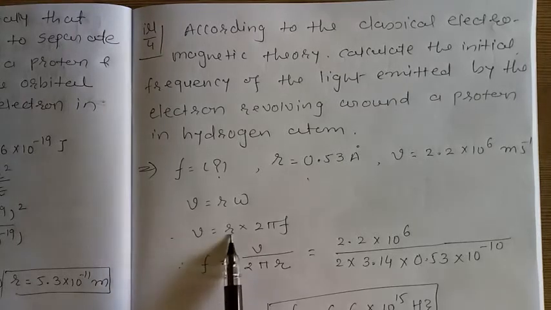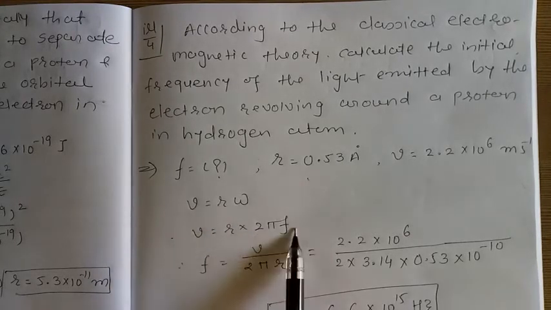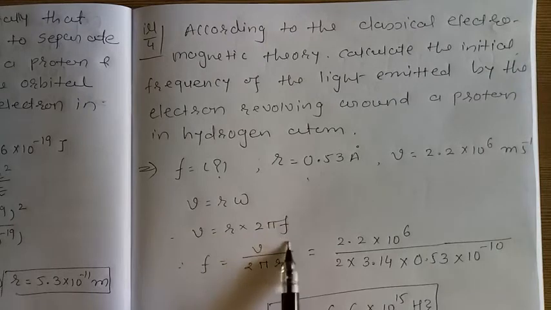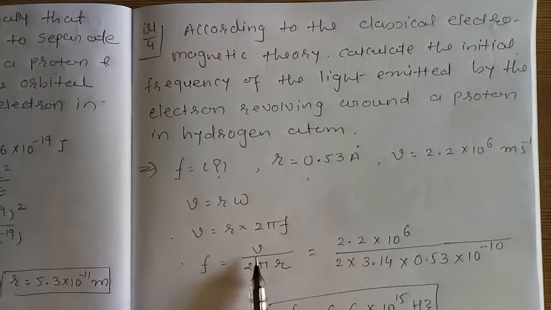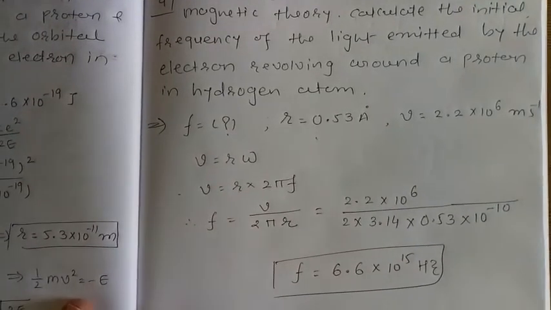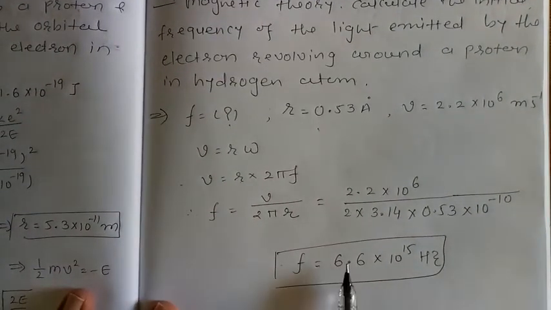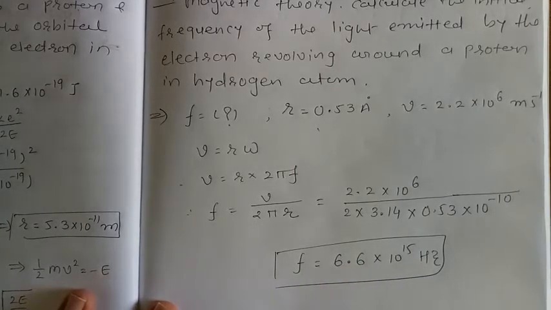So f is equal to V upon 2 pi r. After putting the values of velocity and radius, we get the frequency f is equal to 6.6 into 10 raised to 15 hertz, right?